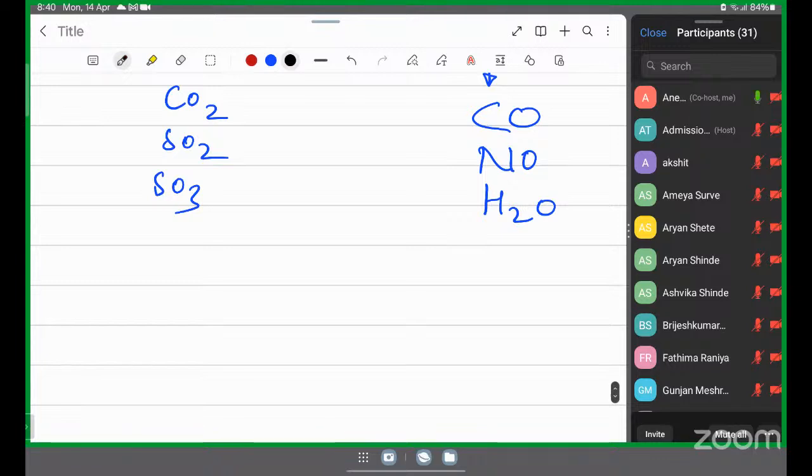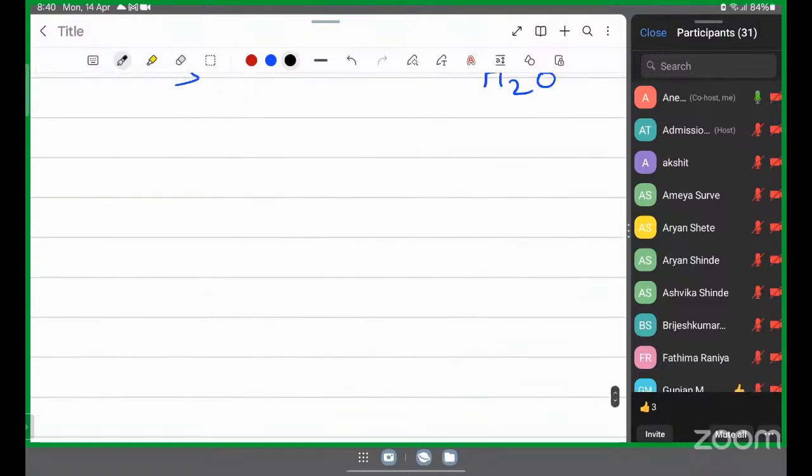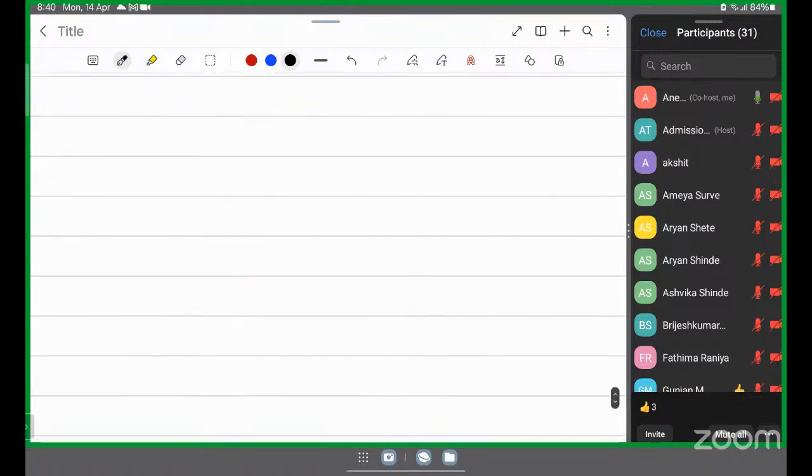Understood? Any doubt? Okay. Now we can discuss the trends, how these properties will change when we go in the periodic table left to right or top to bottom.